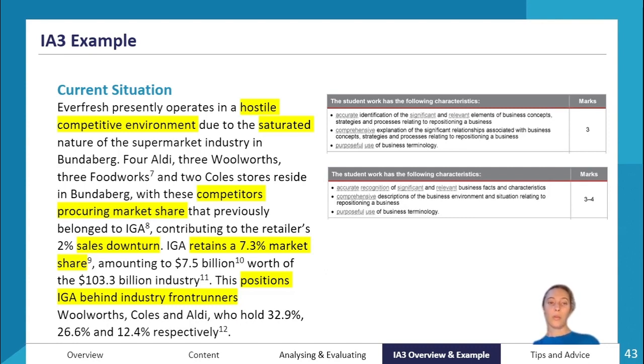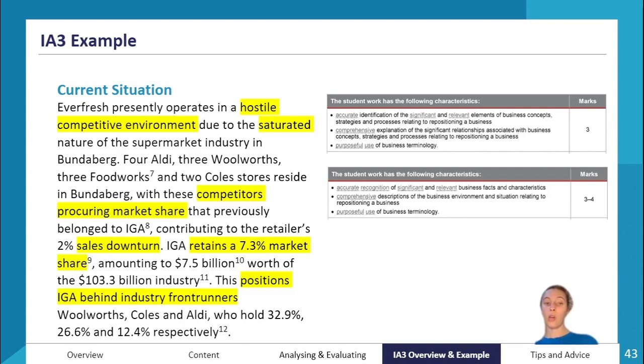So here we've got recognition that it operates in that hostile competitive environment. Again, supermarkets, very saturated industry. And then we're going into more depth there, looking at who the competitors are and how many stores they have.